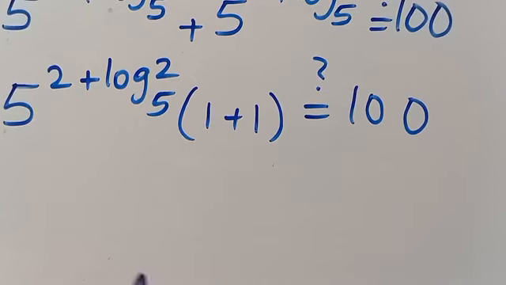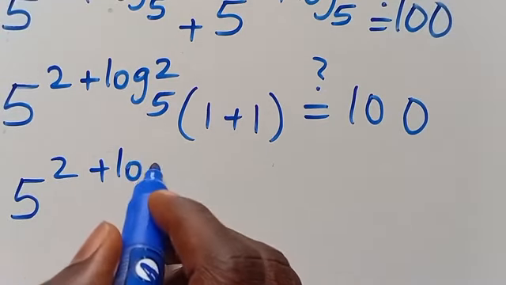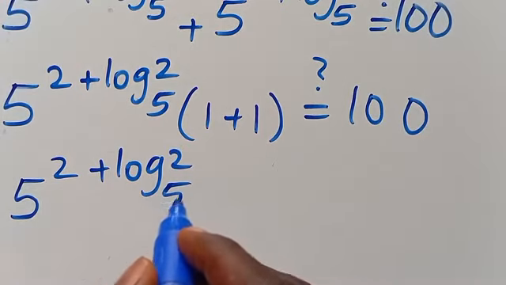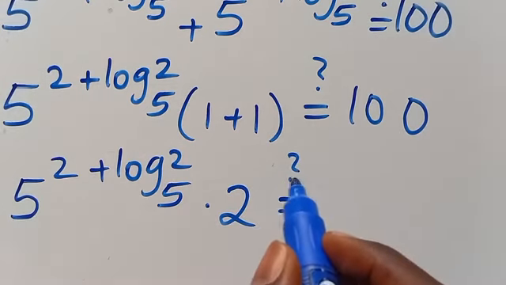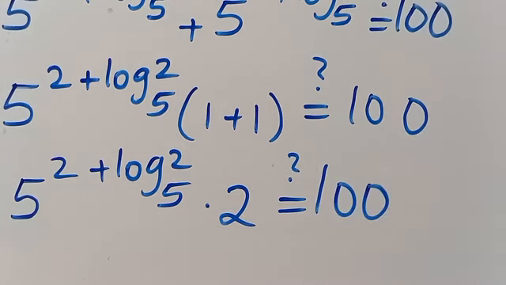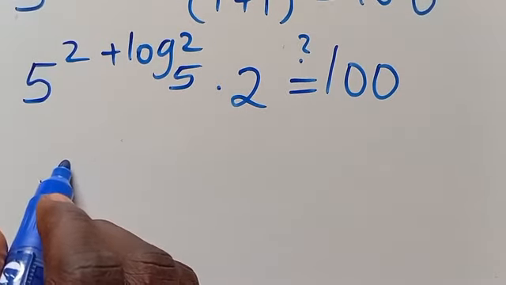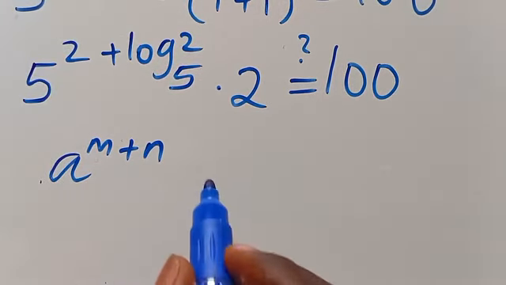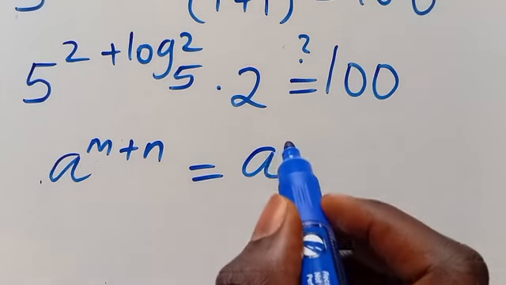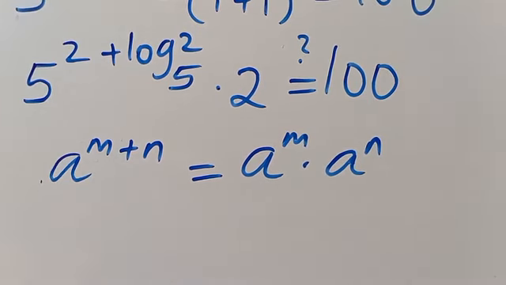So from here, we have 5 to the power of 2 plus log 2 in base 5. 1 plus 1 will give us 2. Then it's going to give us 100. From here, we have to recall that when we have a to the power of m plus n, from the law of indices, this always equals a to the power of m multiplied by a to the power of n.